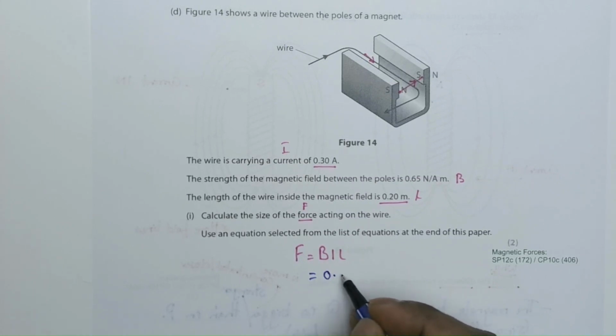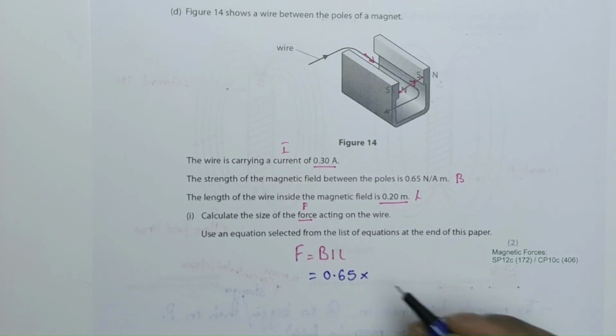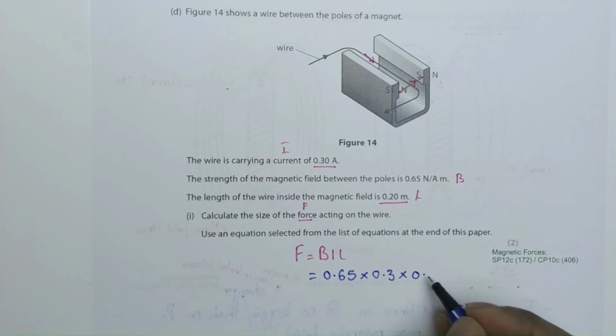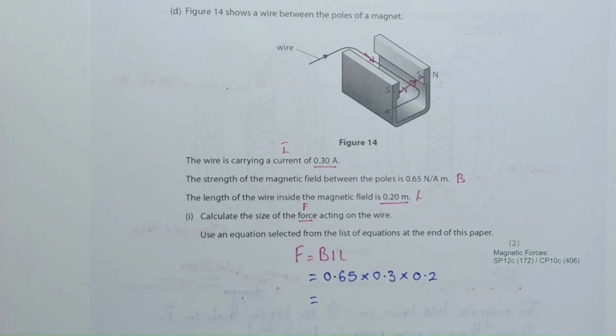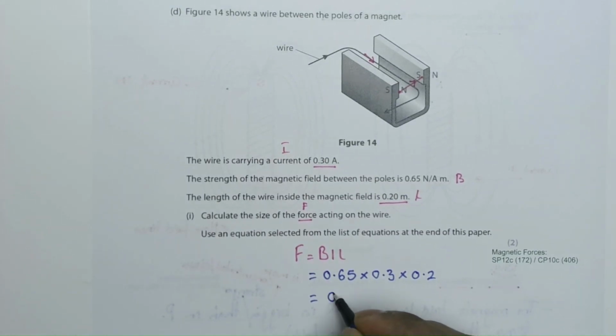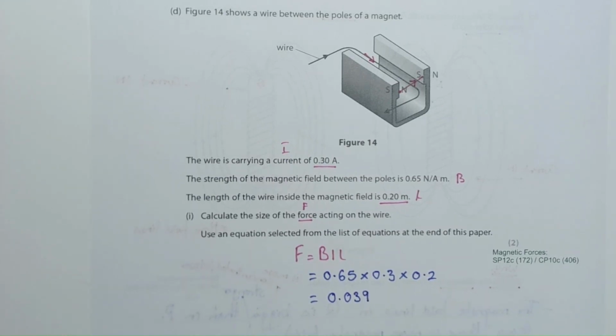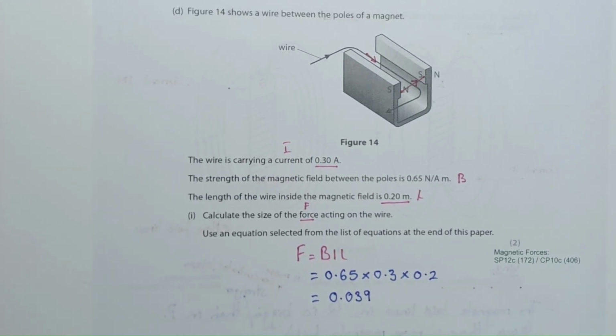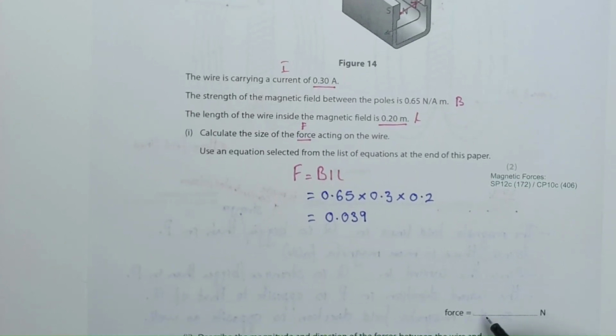So that would be 0.65 multiplied by the current, which is 0.3, multiplied by 0.2, which is the length of the wire, and that should give you an overall value of 0.039 newtons.